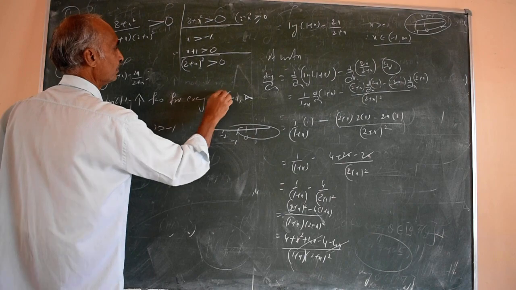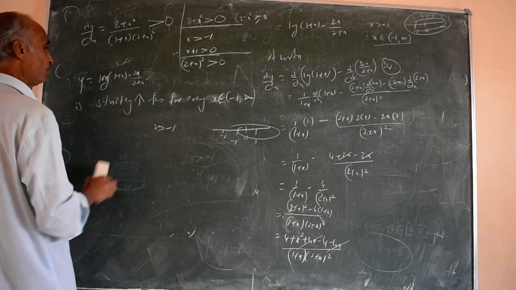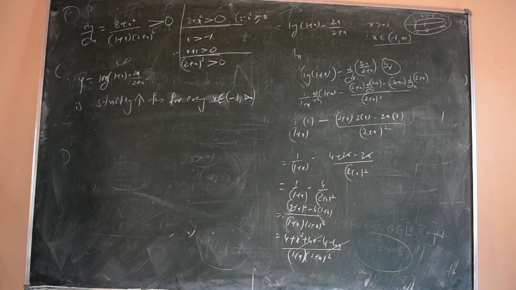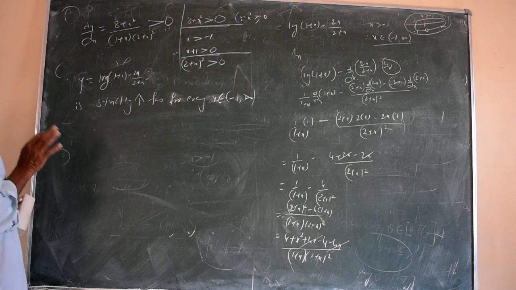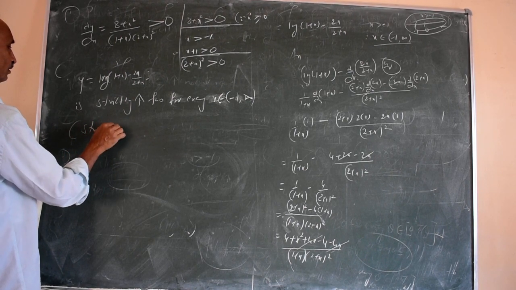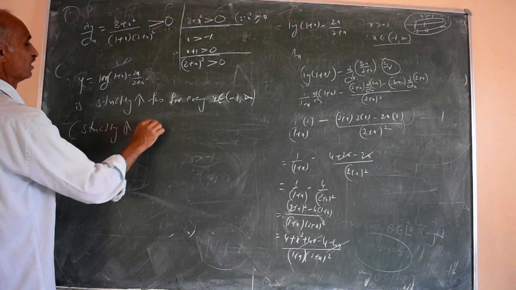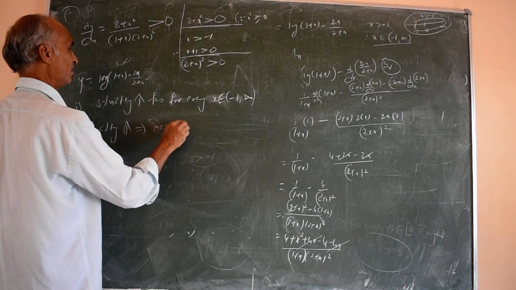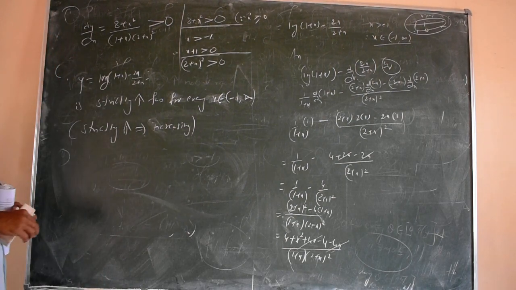For every x belonging to minus 1 to infinity, strictly increasing implies increasing. The reverse is not true: increasing does not imply strictly increasing.